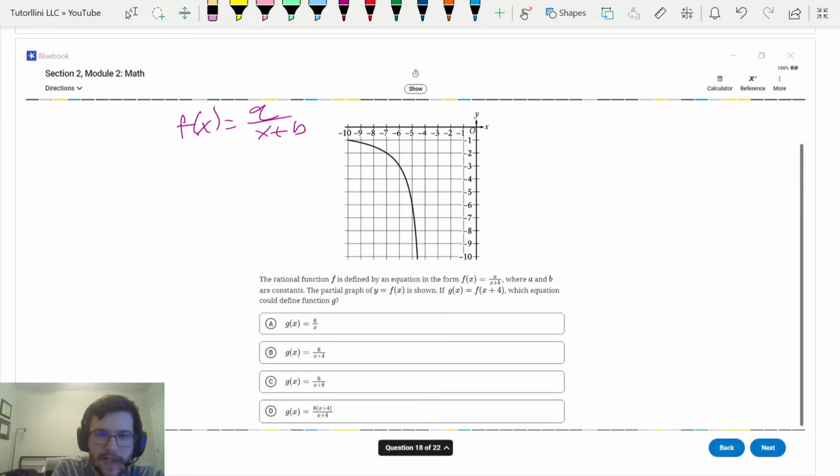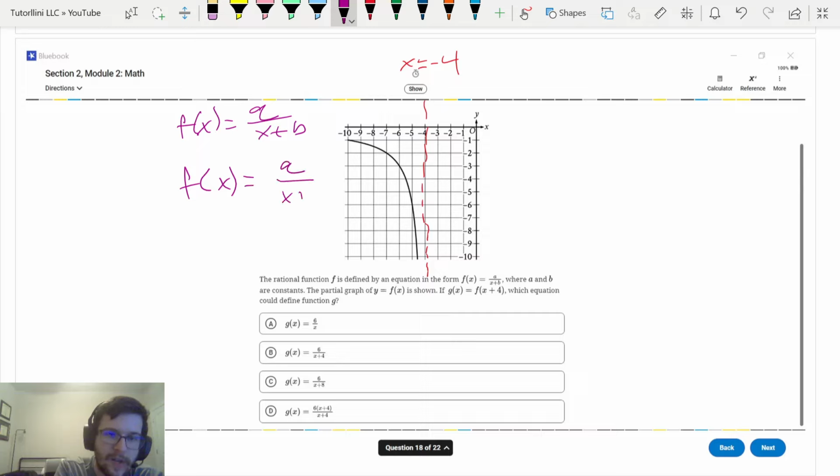You can kind of tell by looking at the answer choices too. There's a vertical asymptote here. It's never going to cross that. So that's at x equals -4. When you have a vertical asymptote, that means the denominator is equal to 0. So the denominator, when you plug in -4, should give you 0. And the only way for that to happen is if the denominator were x plus 4 or some variation of that.